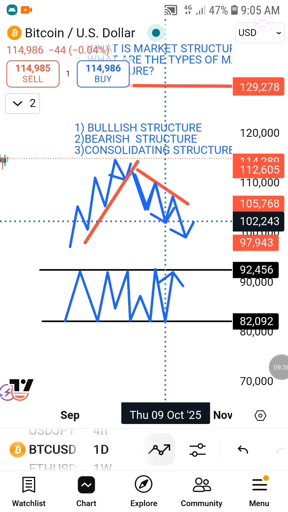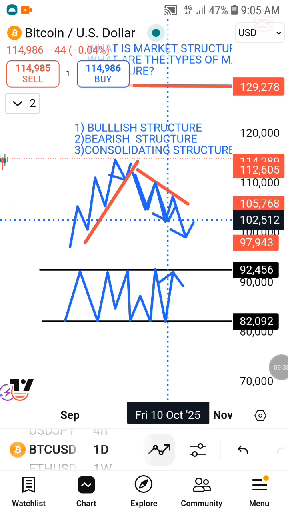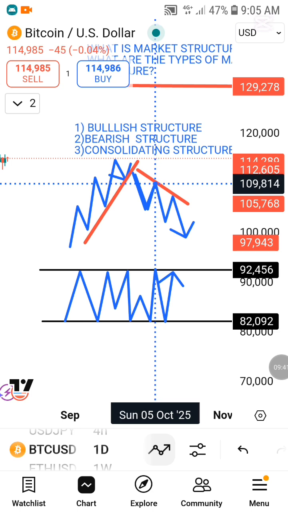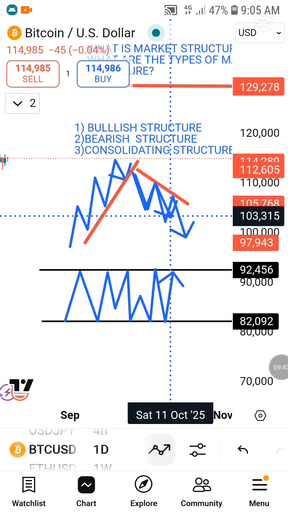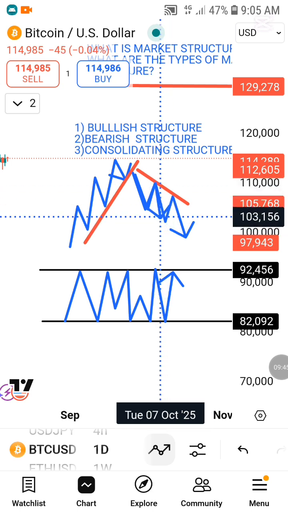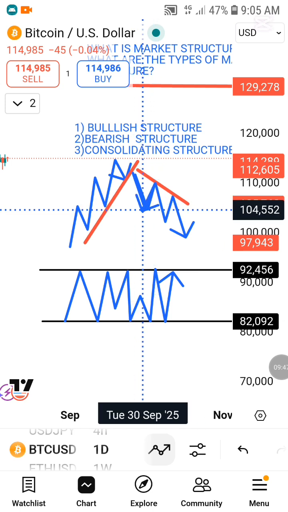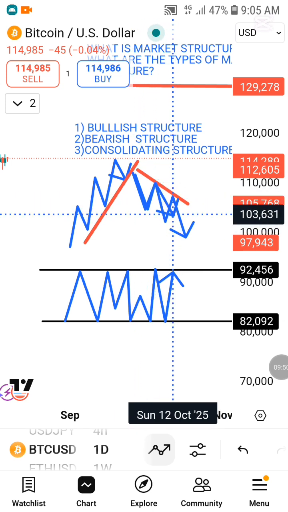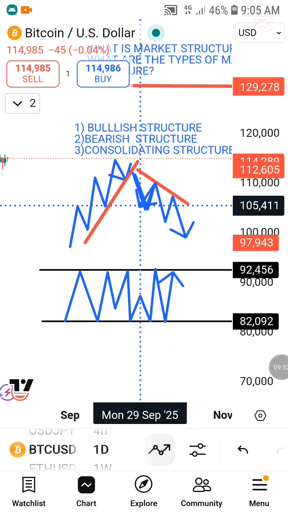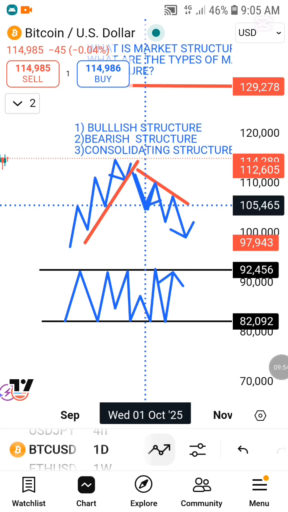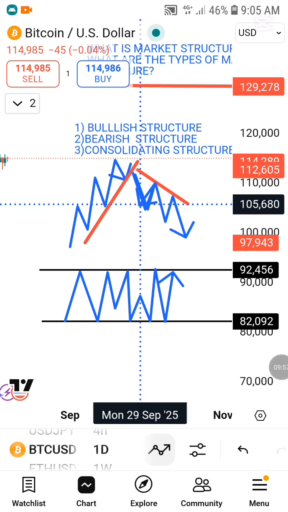At this point now, you should not enter. Now you are targeting this high to short the market down, because this low will come and find a resting point for this previous low.